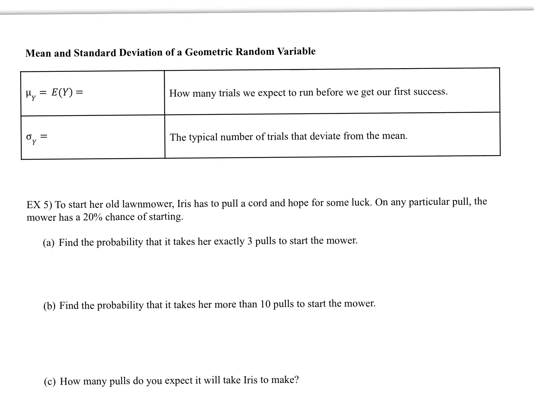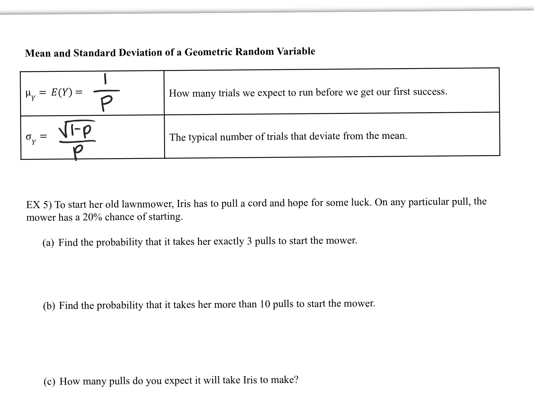Next, we have the mean and standard deviation of our geometric random variable. So the formula for the mean, or the expected value, is going to be 1 divided by p. And it tells us how many trials we expect to run before we get our first success. And then the standard deviation is the square root of 1 minus p all over p.